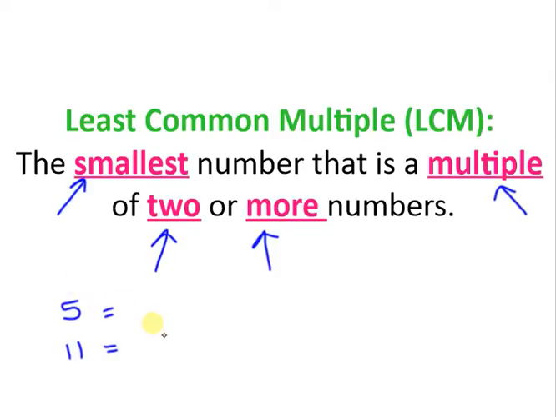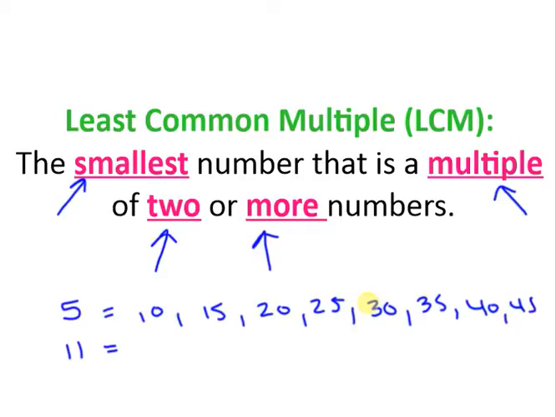But with multiples, what they're asking you for is the pattern of numbers. So 5, 10, 15, 20, 25, 30, 35, 40, 45, 50, 55, 60.